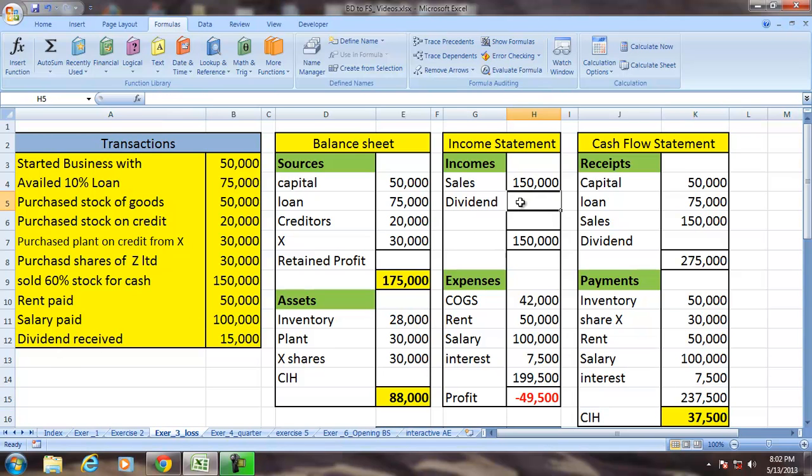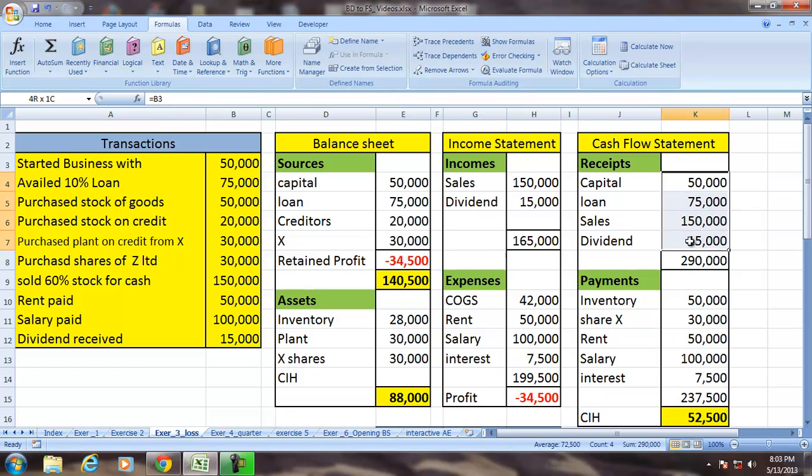Dividend received during the year, dividend is an income, and the entire dividend has been received, so the dividend is a receipt and an income. So this total income is 165,000, total expenses is 199,000, profit is negative 34,500, and we transfer the negative profit also to the balance sheet.